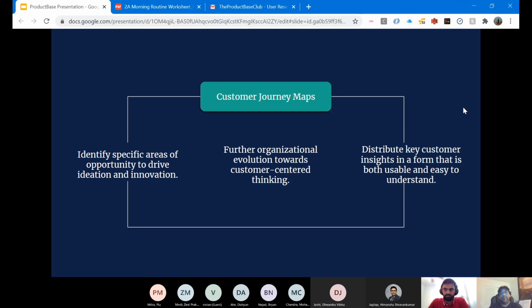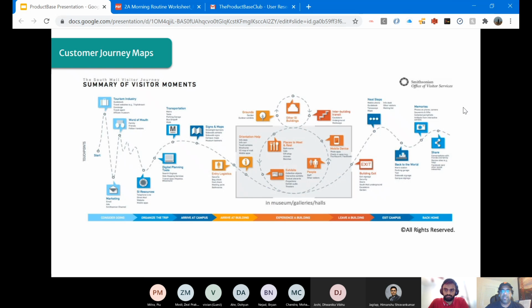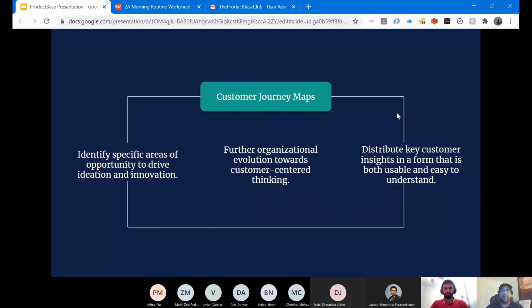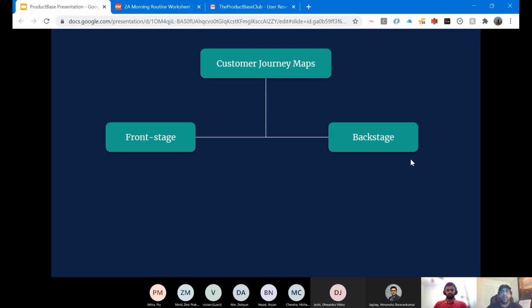And in a lot of scenarios, the PM is the one who's interacting with all these teams, so having a shared framework actually helps, especially if you think about this experience as well. There are so many teams involved in this. There's obviously a museum team here. There is the transportation team here. So being able to bring everyone towards the same level of thinking is important, and then you can measure and share the insights as well. So that's one of the reasons why you want to have it.